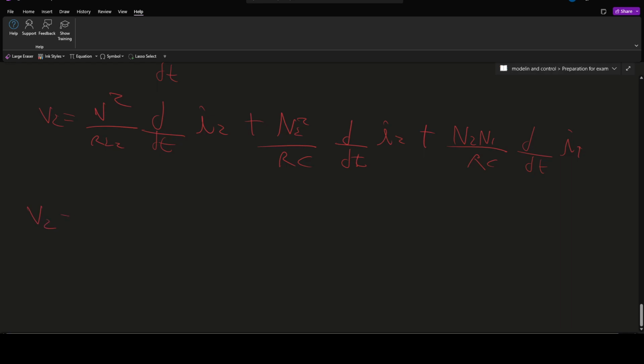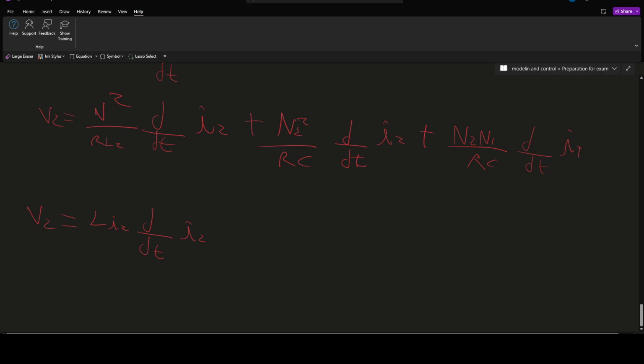So we have V2. So again, if we look at this one, this is just our leakage inductance due to I2. So we're gonna call it Ll2, that is multiplying the dI2 over dt.